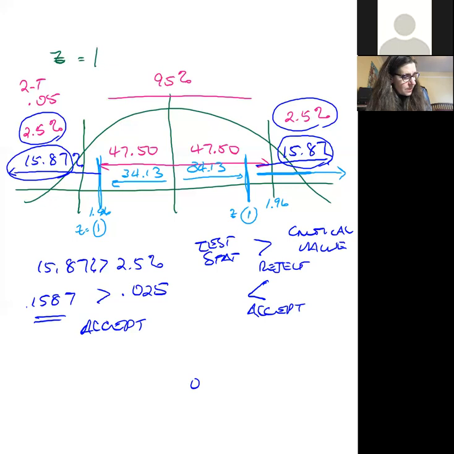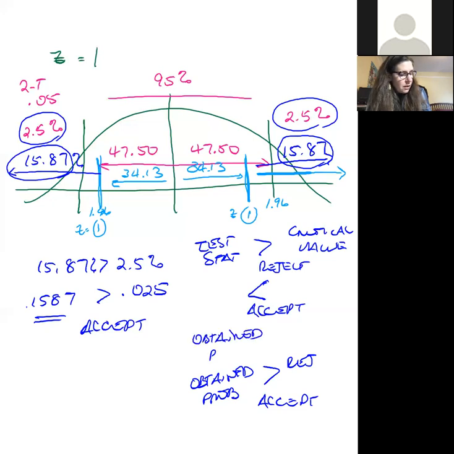If our obtained probability is greater than our rejection level, we have to accept. The risk is too high. If our obtained probability is less than our rejection level, then we reject, because we're taking even less of a risk than what we predicted. So this is going to be the key to keep in mind.